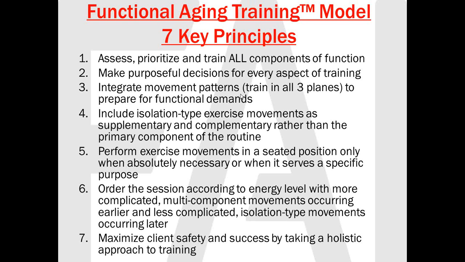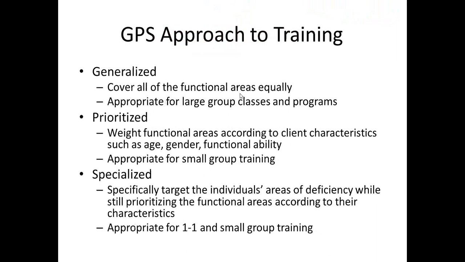So let's get into how we apply this in different situations. Well, I have what I call a GPS approach to applying the functional aging training model, depending upon your situation and where you are. So if you're doing large group classes and programming, then you really can't go through all these individual assessments.